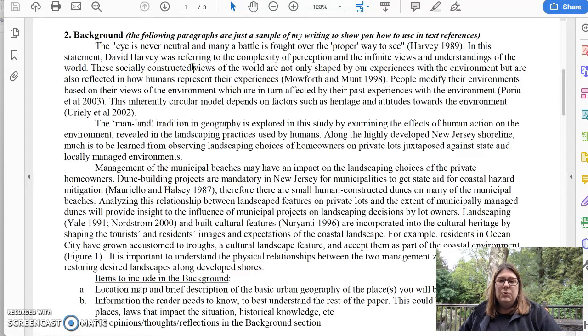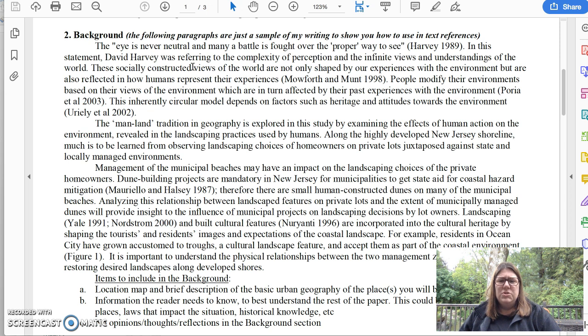Okay? Also note that I used a quote here. You should avoid quotes whenever possible. The only time you should use a quote is if that author, in this case it was David Harvey in 1989, said something so distinct, so special, so unique, that geographers refer to his quote all the time.